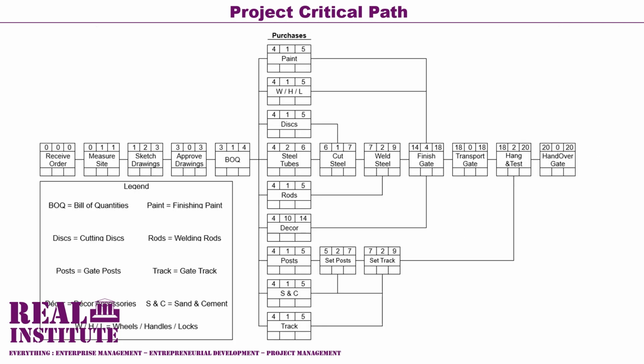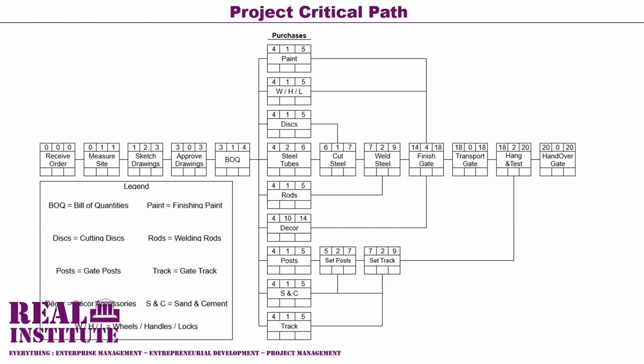In our example, the early start value of activity 1, which is the receive order activity, is allocated the value of 0. And it already has a 0 duration. And therefore, its early finish, which is calculated from adding its early start value and its duration value, equals 0.